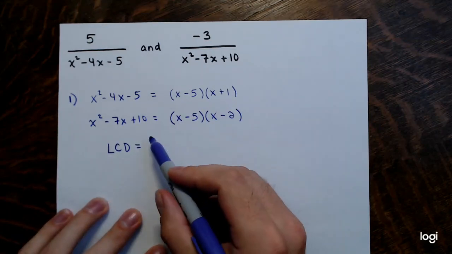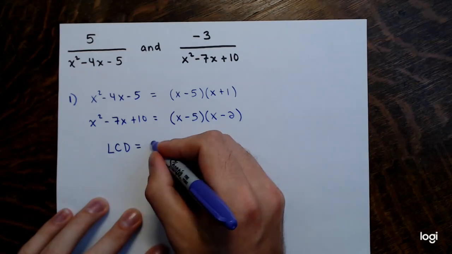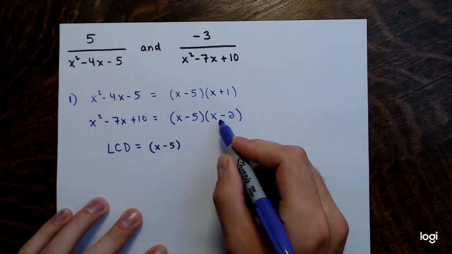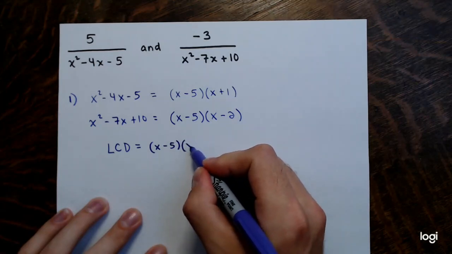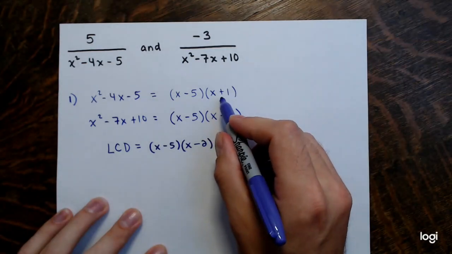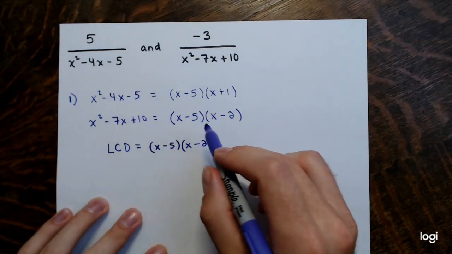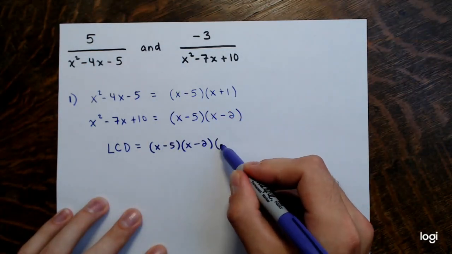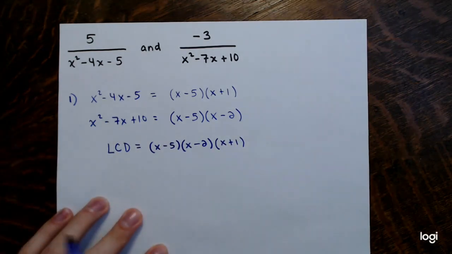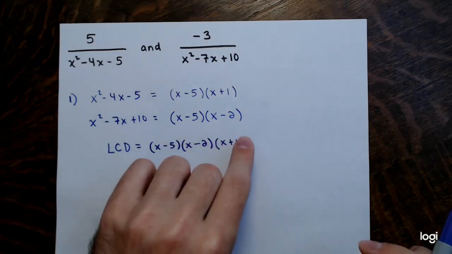is going to have a factor of x minus 5 to some power, times x minus 2 to some power, and also there's a factor of x plus 1 that shows up in these factorizations of the denominators, so times x plus 1 to some power. And hopefully you can see that the power on each of these factors would be 1.